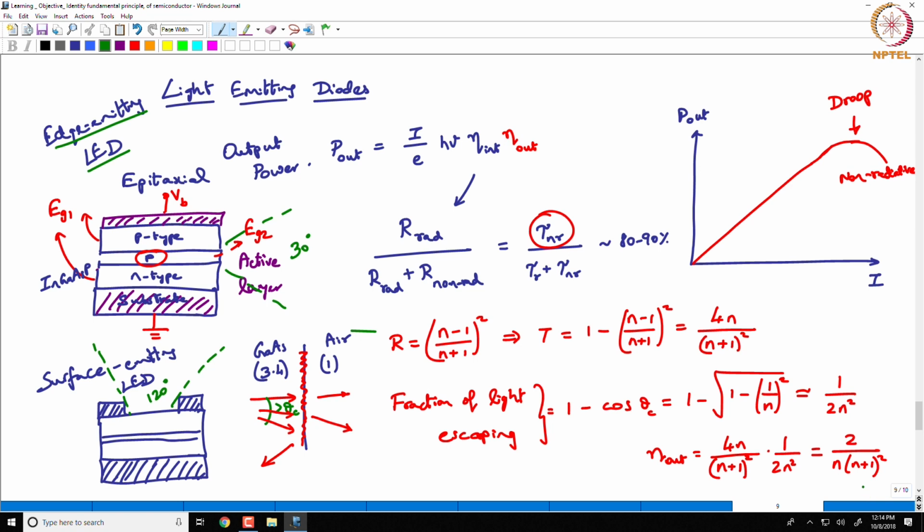Okay. So, we will move further into this. One of the interesting aspects that you see here is the output power closely follows the injected current. So, that gives you some ideas, right. One of those ideas may be that you can modulate the current that is fed into the LED, and you can expect a corresponding modulation of the output power coming from that LED.